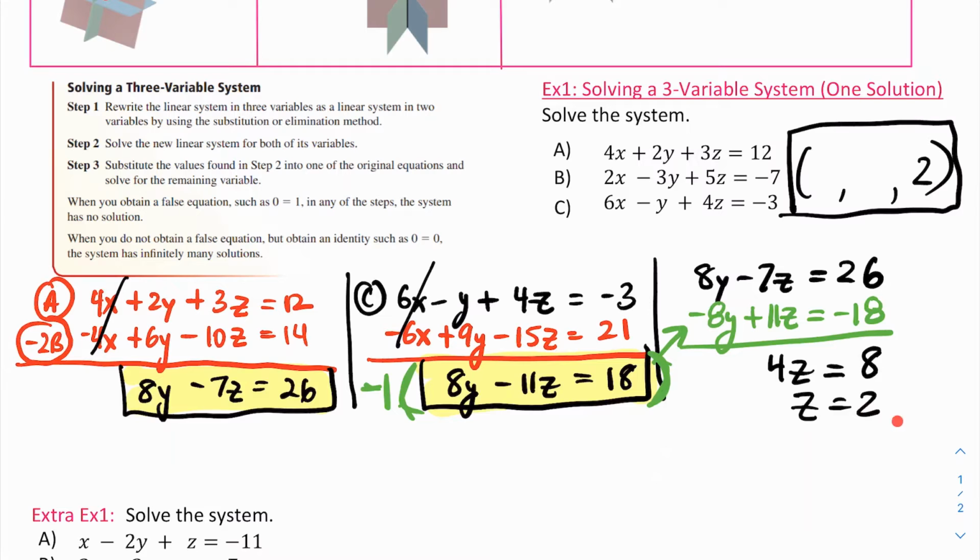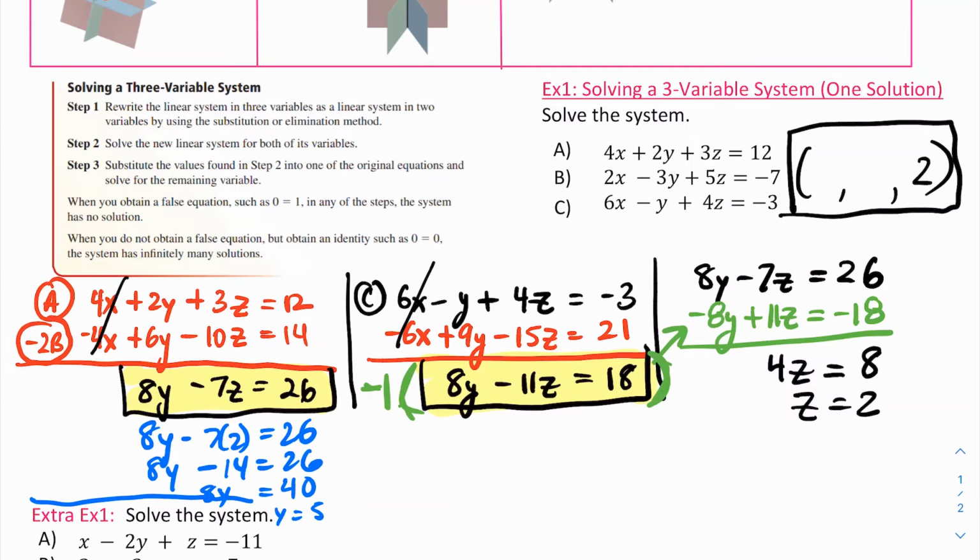Just to give myself some room, I'm going to take z equals 2 and plug it into this equation here. So z equal to 2 means this would be 8y minus 7 times 2 equals 26. So 8y minus 14 equals 26. If you add 14 over, then 8y is equal to 40, and therefore y is equal to 5.